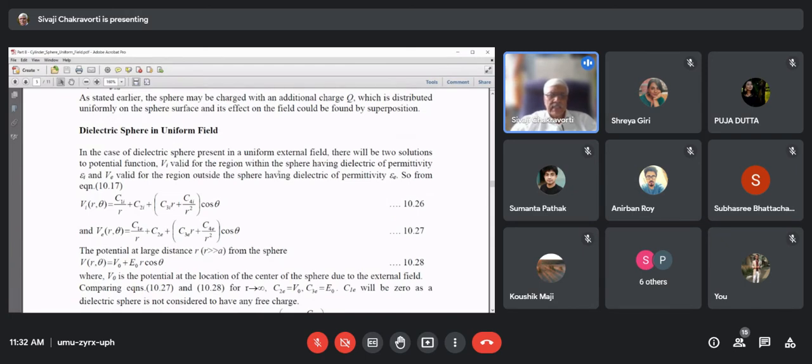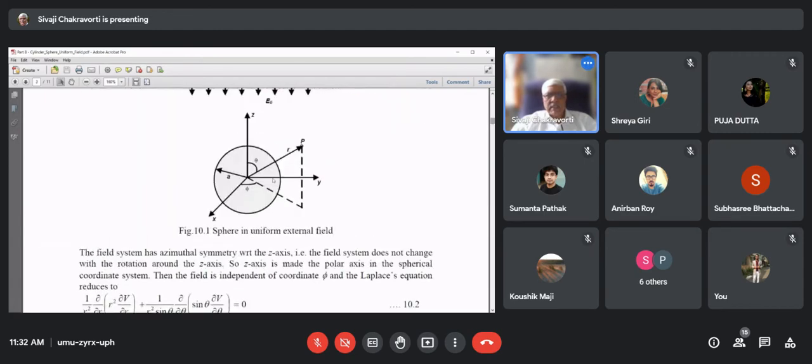That means if this dielectric sphere is gas bubble, then inside the gas bubble we have air. Outside the gas bubble we have liquid. So we call it internal, where all the coefficients are written as C1i, C2i, etc. The other one is external, where it is written C1e, C2e, etc.